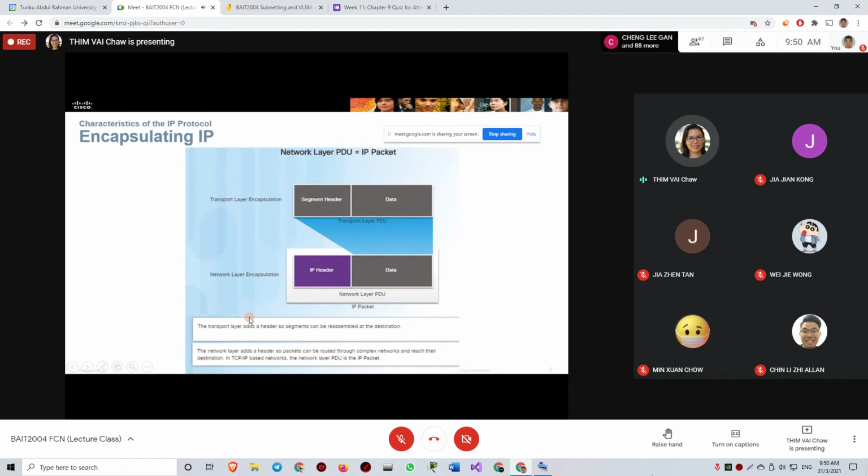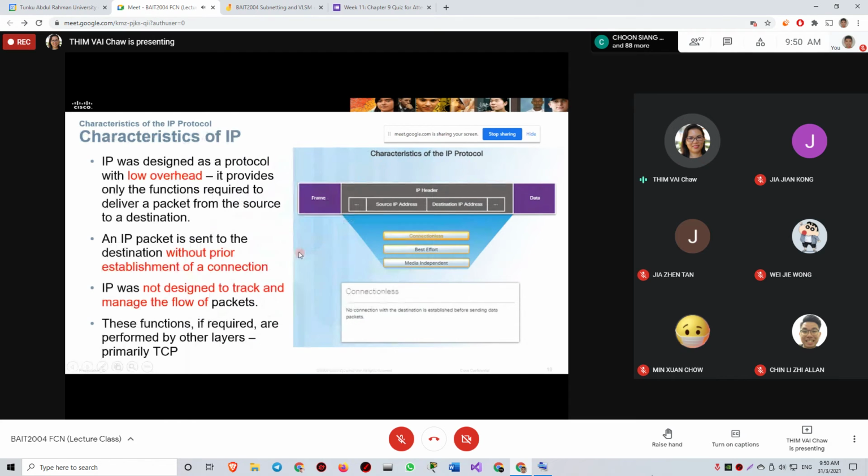Therefore, I always say encapsulation is not a process performed at only one layer. It is performed at different layers, and they do different processes, adding additional information needed for each layer and used by each type of protocol. I did mention this, and it is important that you understand the encapsulation process.